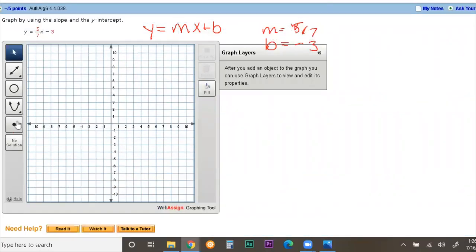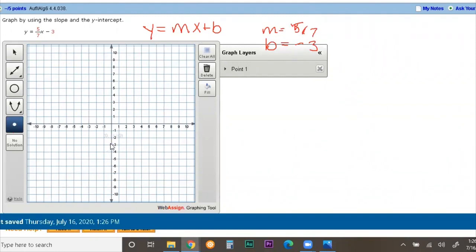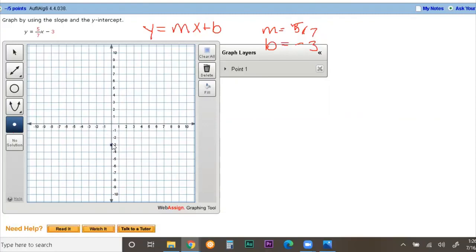Okay, so I'm going to select the point and click on -3. Then I'm going to go up 5 and to the right 7. So 1, 2, 3, 4, 5. 1, 2, 3, 4, 5, 6, 7.